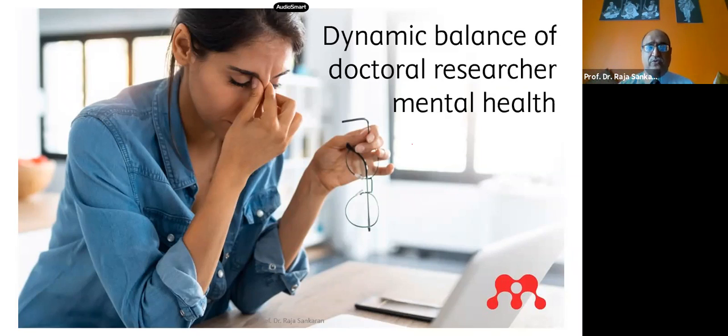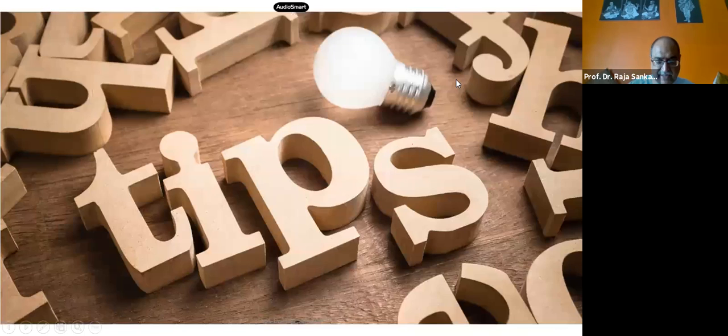There will be a lot of things going on, and the journey by itself is not an easy one. There will be a lot of hurdles that we need to go through. So please have this kind of balance during this process. I will quickly pause here and open up for questions, and then I will start with the last part of the presentation about the different tips for research scholars.